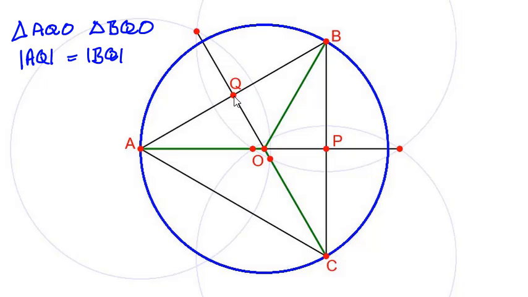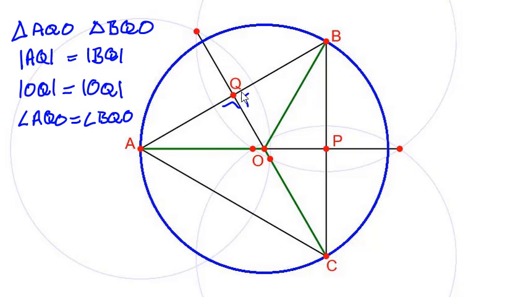We also know that OQ is common to both of these triangles. And finally, we have that these two angles are right angles. So we have the angle AQO is equal to the angle BQO. So what we have here are congruent triangles, and they are congruent by side, angle, side. And because they are congruent, it means that the length of AO must be equal to the length of BO.